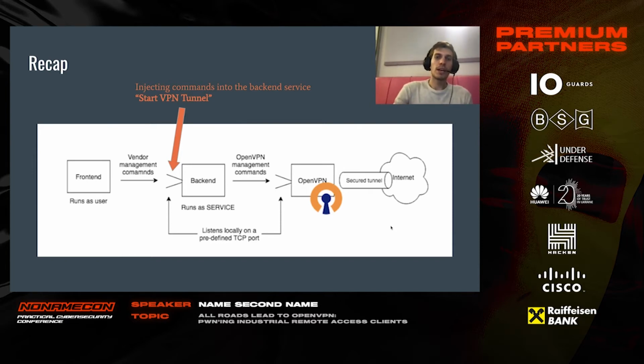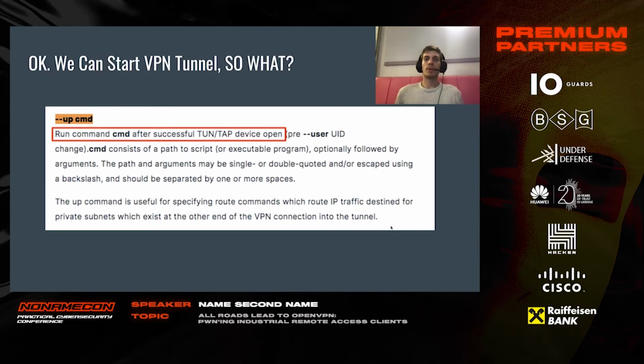Okay, so you might ask yourself, we can start an OpenVPN tunnel. So what? If we can control the VPN tunnel with the configuration, there are a couple of very interesting configurations that we can use. For example, the up command allows configuration to consist of a specific command that will be executed once the TUN or TAP devices are open.